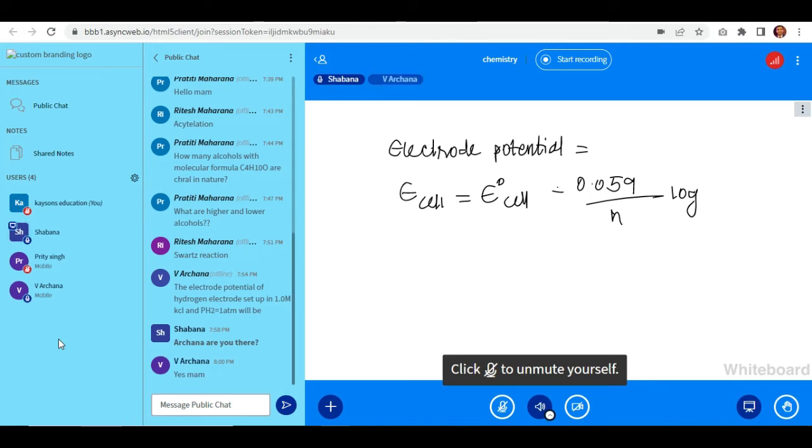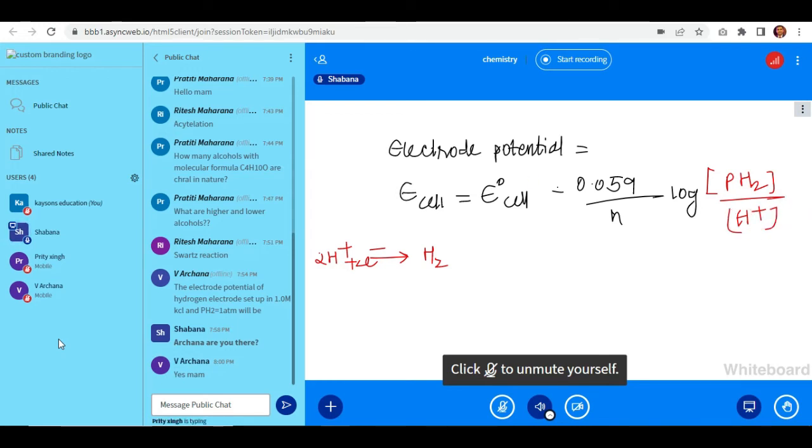Yes, ma'am. Okay. So minus log. What happens here? H2, can you tell me what happens in this case? What is the reaction involved? H2 is formed from 2H plus, 2 electrons are getting added. So H2 forms. From this, log becomes pressure of H2 by H plus.